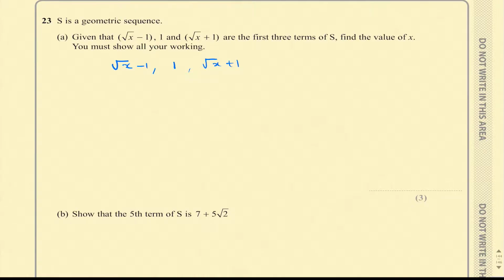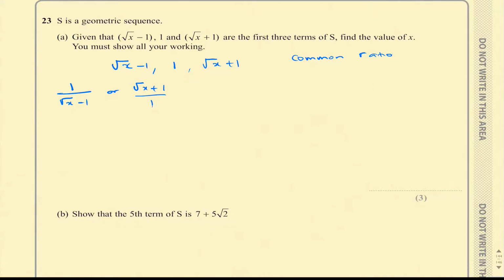In this case, we need to find a common ratio because it's a geometric sequence. So the common ratio is 1 over (root x minus 1) or (root x plus 1) over 1. So that's the common ratio.